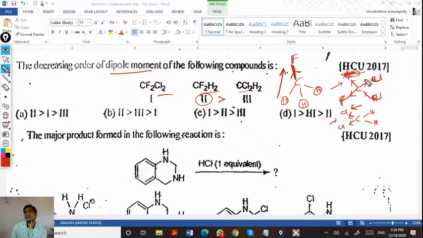When all the sides are pulling, the dipole moment will not be at any side, so it will be less. Fluorines are a little bit more withdrawing when compared to chlorine. When it is chlorine or fluorine alone, it is easily one-sided. But when it is fluorine and chlorine together, it is no side. So it will be in between. So least dipole moment will be with 1. So the correct option will be 2, 3, 1. So option B.